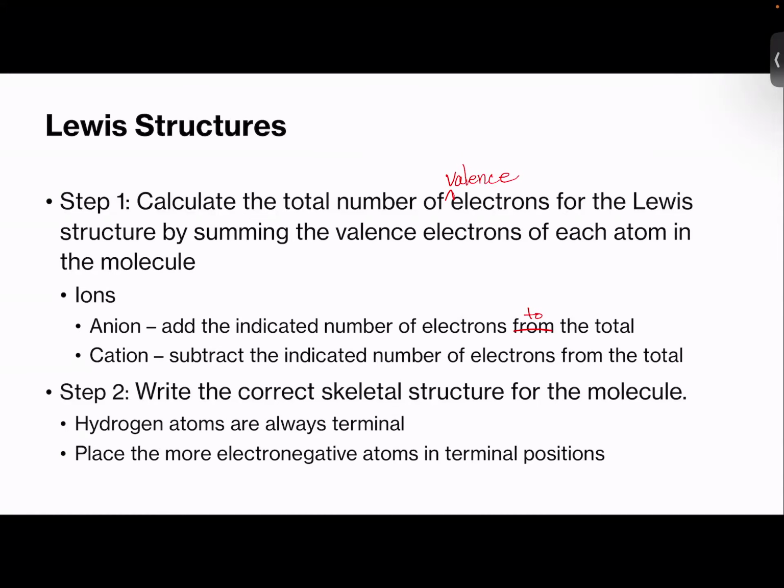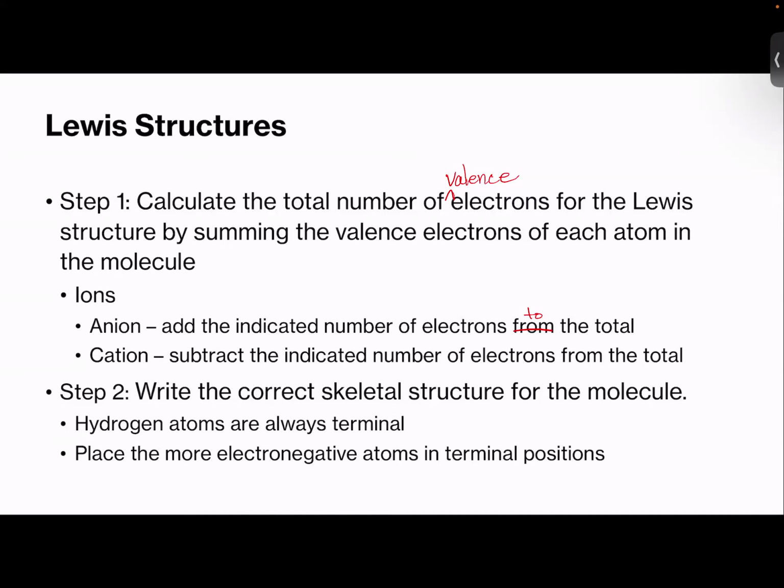Second thing is we're going to write the correct skeletal structure for the molecule. This is where things like hydrogen must always be a terminal atom and carbon must always be a central atom. That's where some of this comes into play.